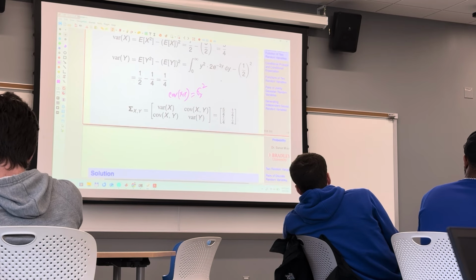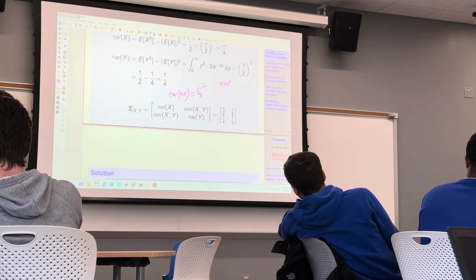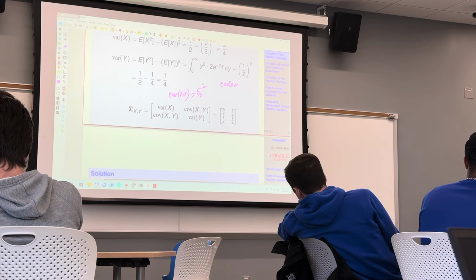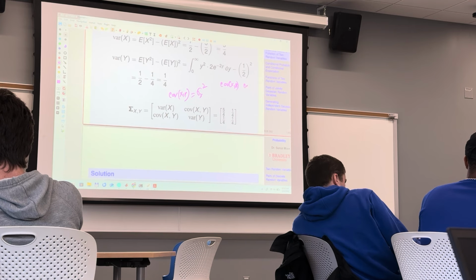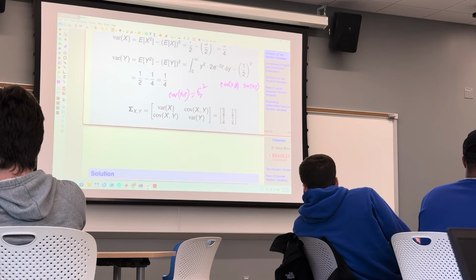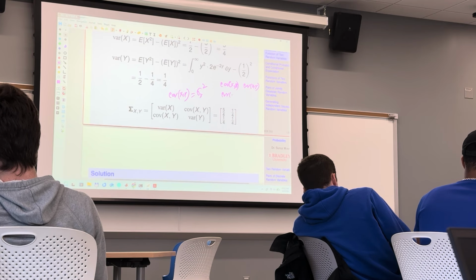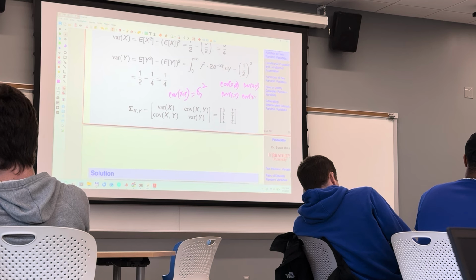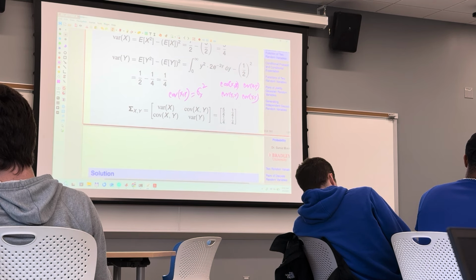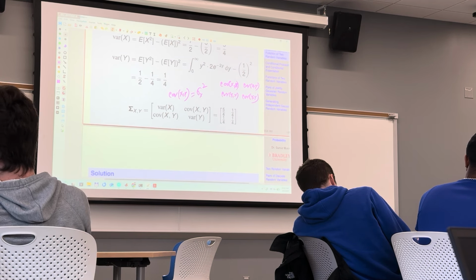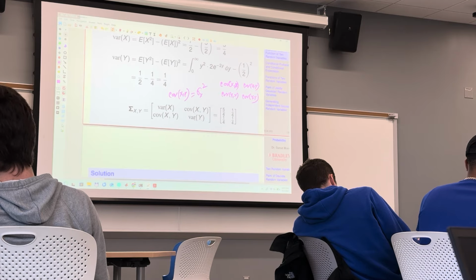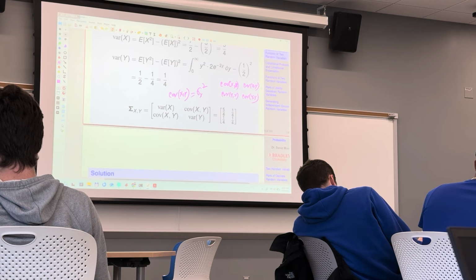So this covariance matrix is basically covariance of x comma x, covariance of x comma y, covariance of y comma x, and covariance of y comma y. Because covariance of x comma x and covariance of y comma y are simply the variance of x and the variance of y, we have these diagonal elements this way.